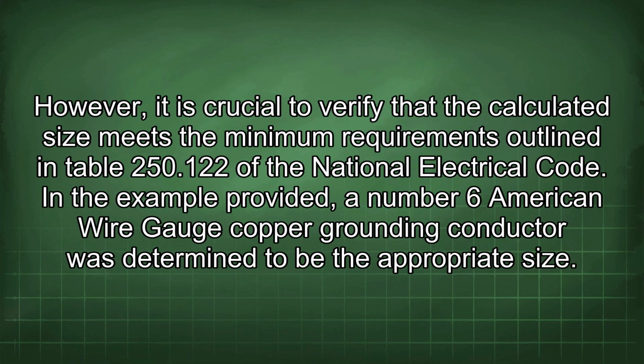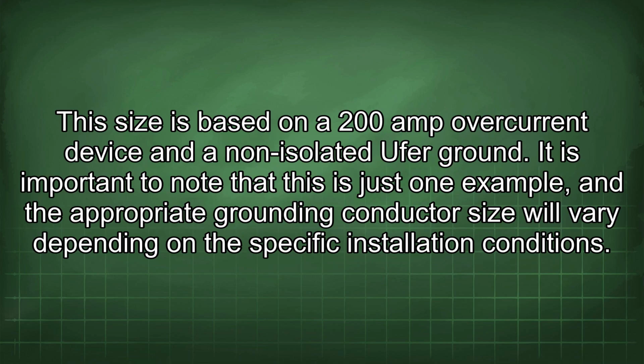However, it is crucial to verify that the calculated size meets the minimum requirements outlined in Table 250.122 of the National Electrical Code. In the example provided, a number 6 American wire gauge copper grounding conductor was determined to be the appropriate size. This size is based on a 200 amp overcurrent device and a non-isolated UFA ground. It is important to note that this is just one example, and the appropriate grounding conductor size will vary depending on the specific installation conditions.